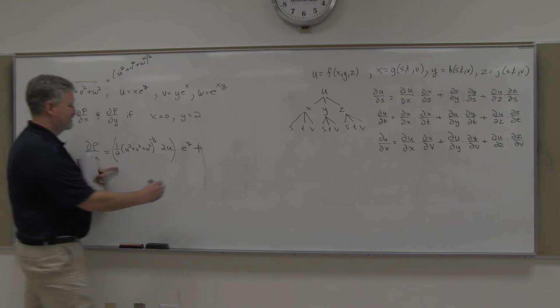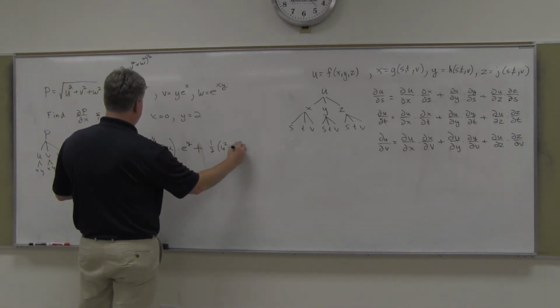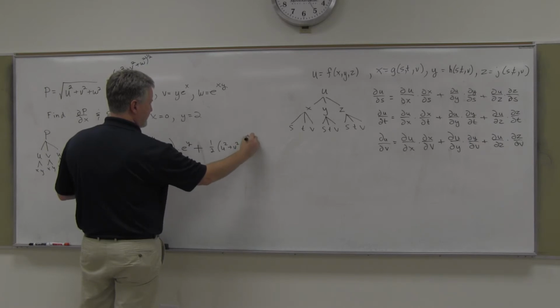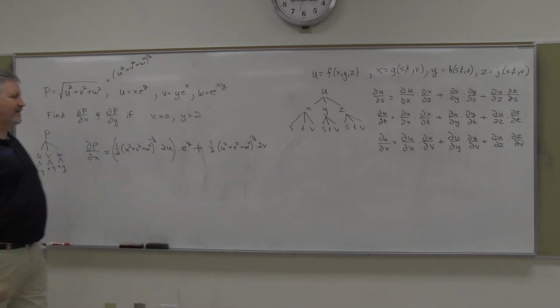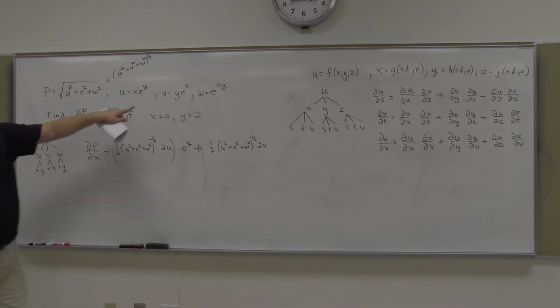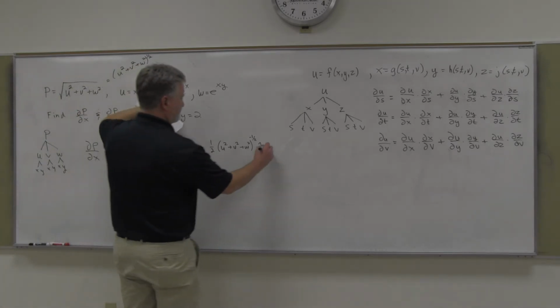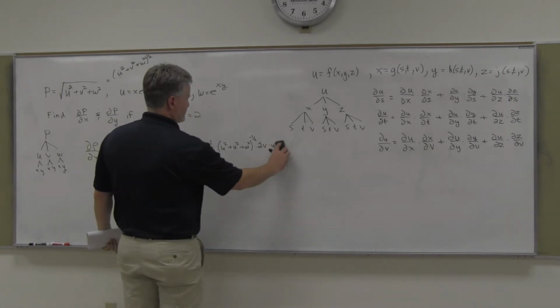It's going to be the same, 1/2 (u squared plus v squared plus w squared) to the -1/2 times, with respect to v, 2v. So it kind of has a repetitive nature to it. But then I do the partial of v with respect to x, and that'd be y times e to the x, sorry.